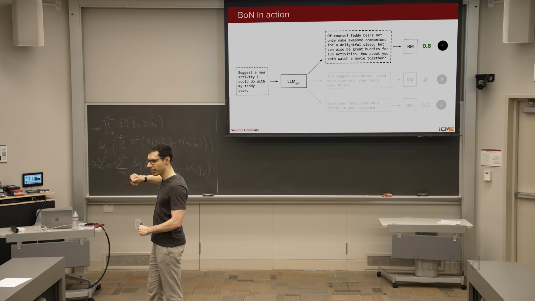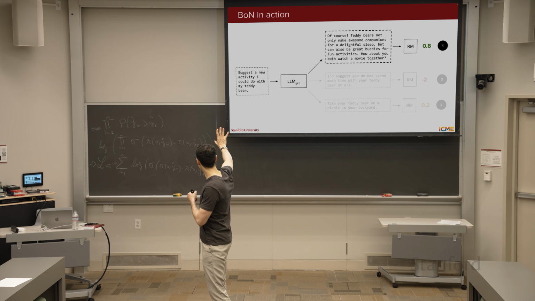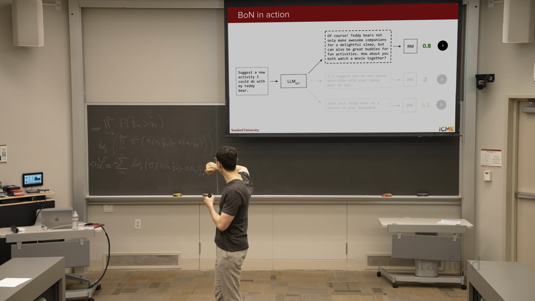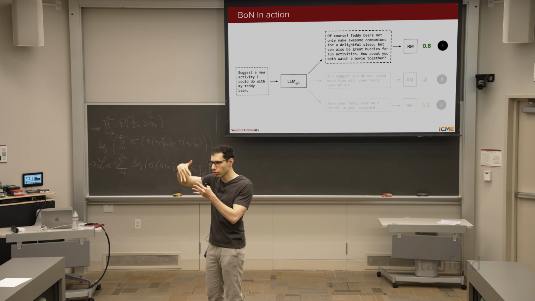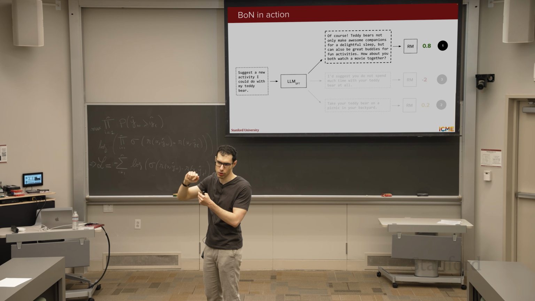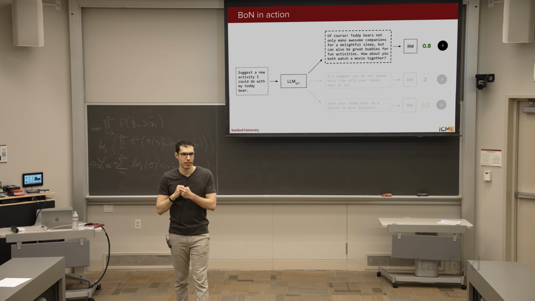So I guess the sigma here is pairwise because you trained your model in a pairwise fashion. But in the best of n case, what you do is you just use your reward model to score n times, and you just pick the highest one.